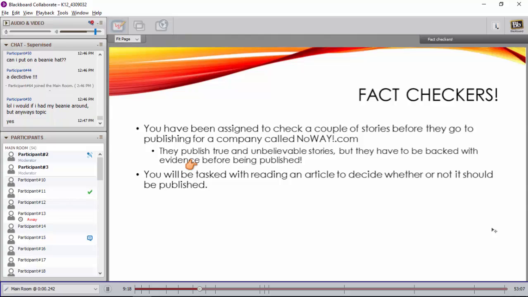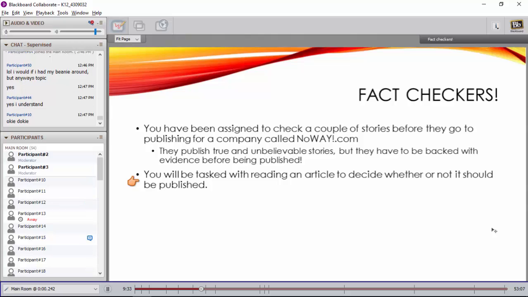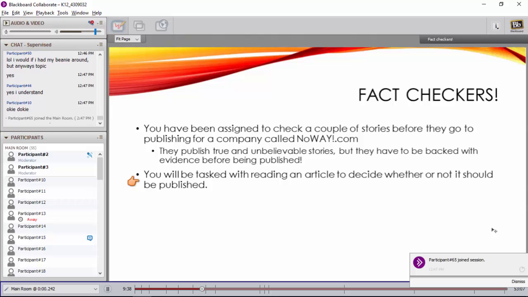Give me a green check if you understand. Haha, only I can see green checks now. All right, come on, everyone else, I need to see your green checks. There are still about 15 of you who do not have green checks yet.